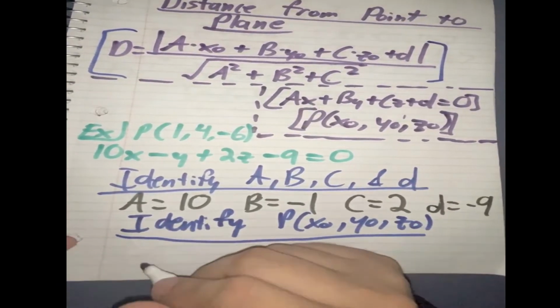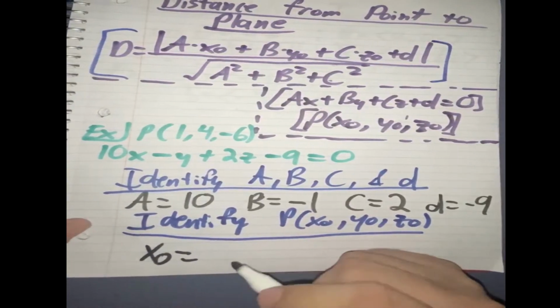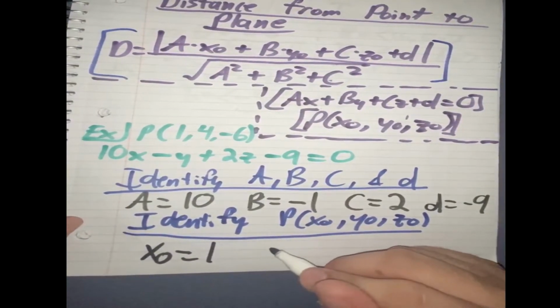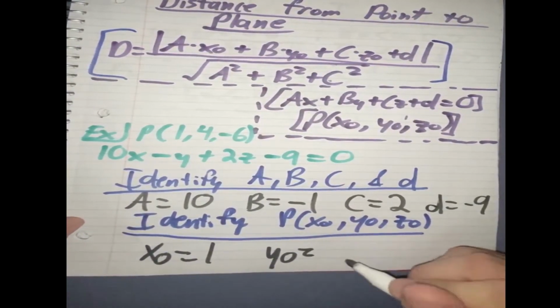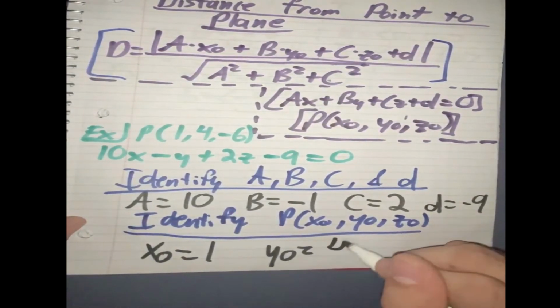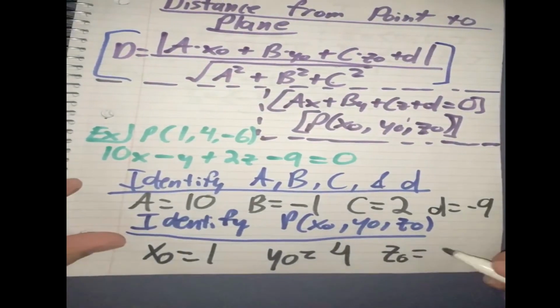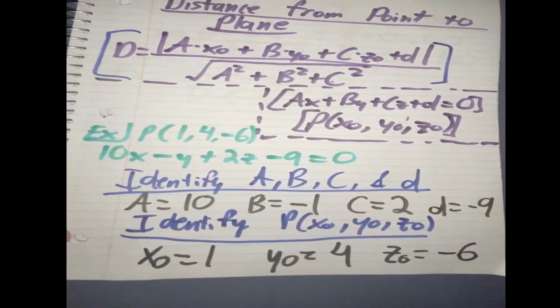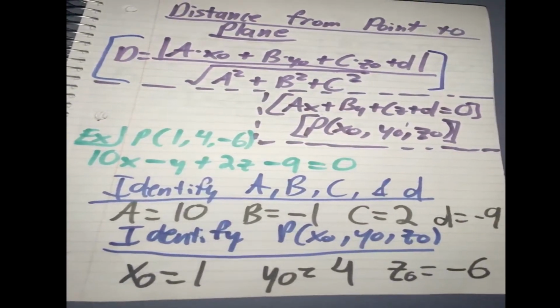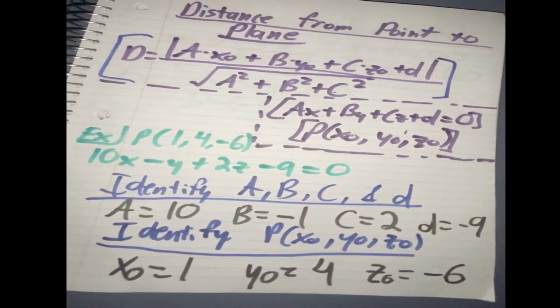So our x naught would be equal to 1. Our y naught is equal to 4. Our z naught is equal to minus 6. So now we have identified all our variables.